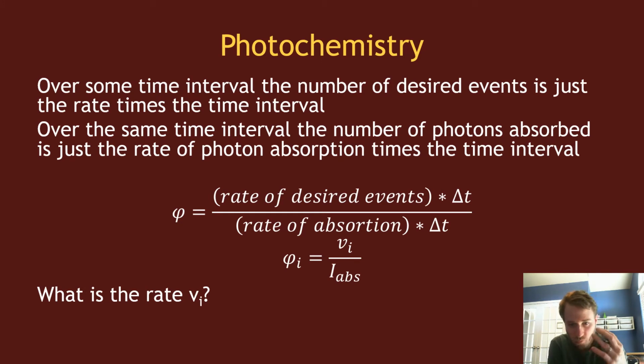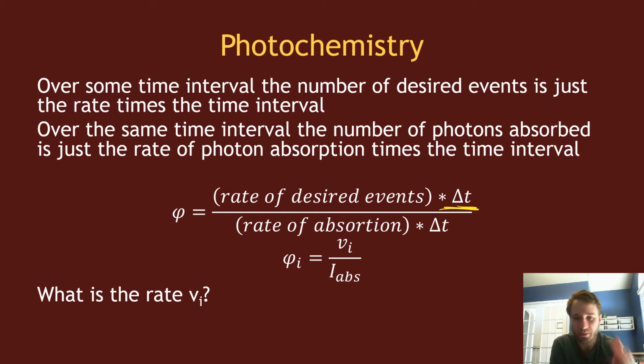If we think about the number of these events, you can relate the number of events to the rate of those events times the time interval that you're measuring over. So if I am absorbing light at 1 absorption per second and I wait 10 seconds, I have 10 absorption events. So I can relate my number of absorption events and my number of emission events to the rates of those things times the time interval.